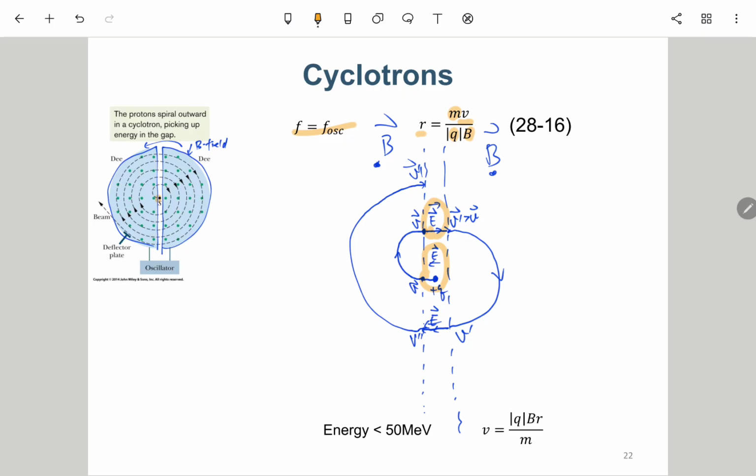But the weak point of this structure is that it can only generate particles with low energy, less than 50 MeV.